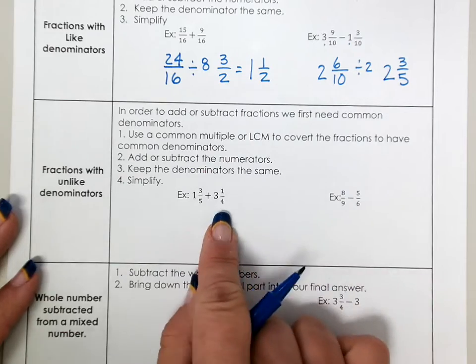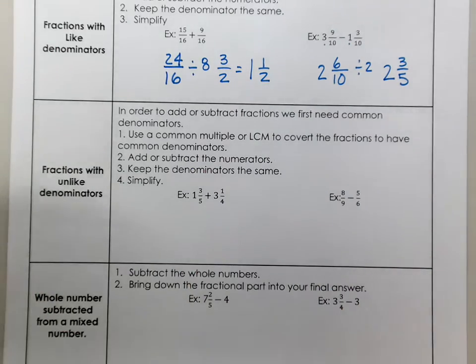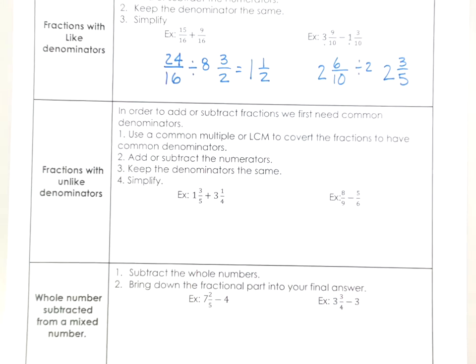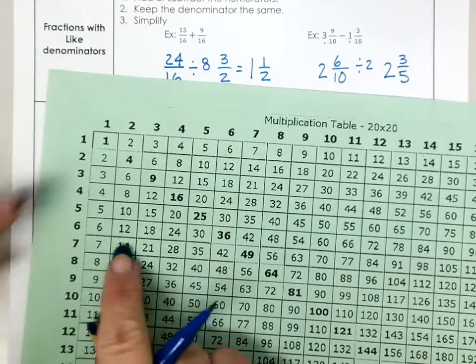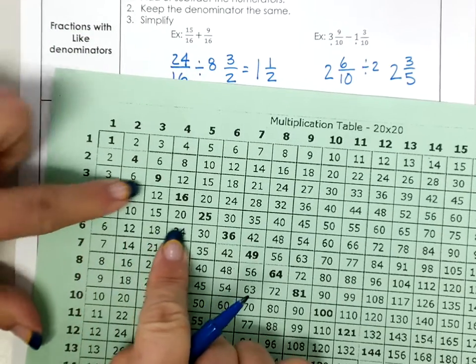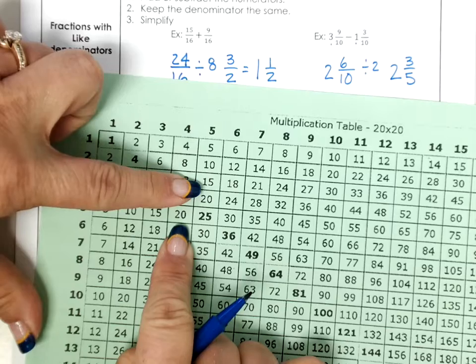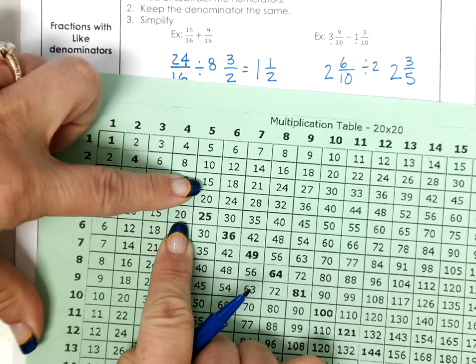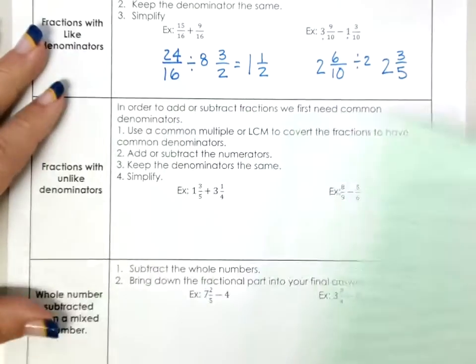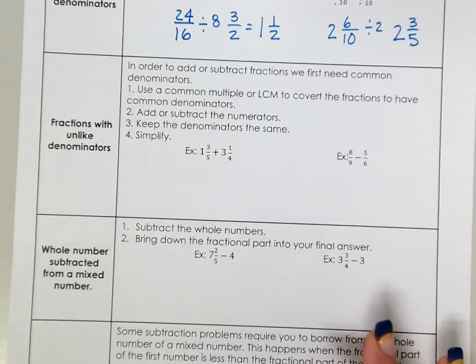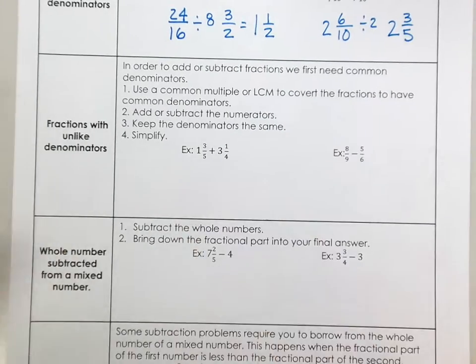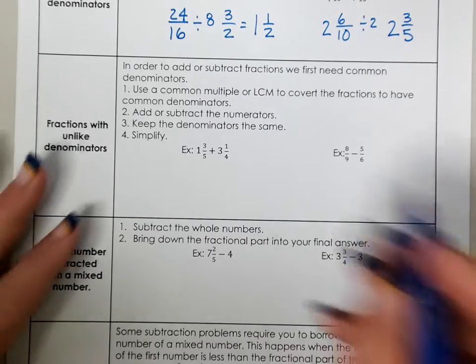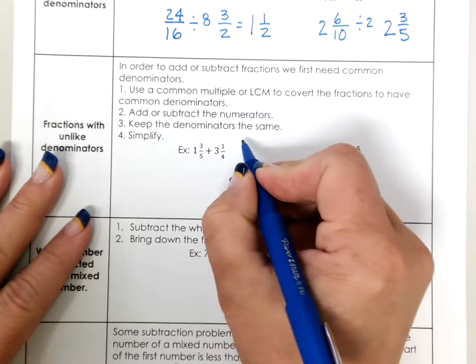When you look at 5 and 4, you can either just multiply the numbers together, or you can look at your multiplication chart and see where the least common denominator would be, which is the least common multiple. Sometimes multiplying them is the least, sometimes it's not. In this case, 5 times 4 is 20, and 20 does happen to be the least common denominator.